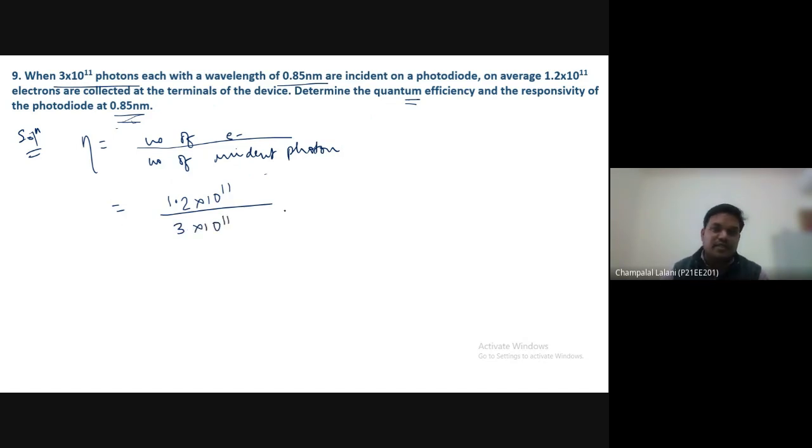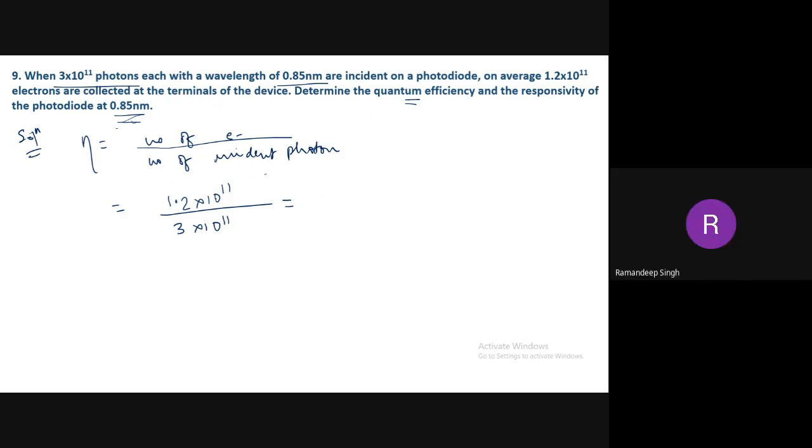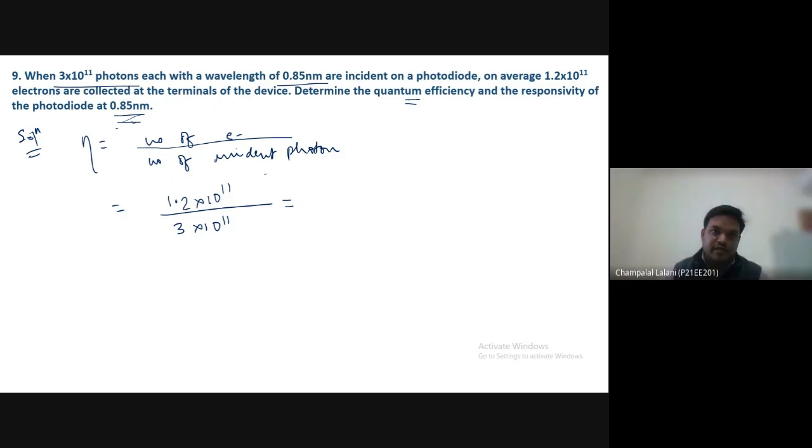So the efficiency that you are getting is 40%. Correct. Got it? Obviously, this is 0.4 or 40% efficiency you are getting.